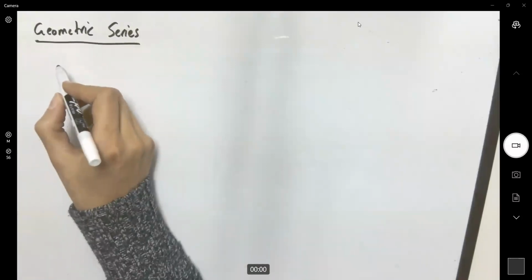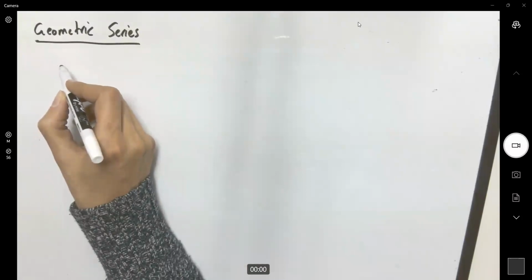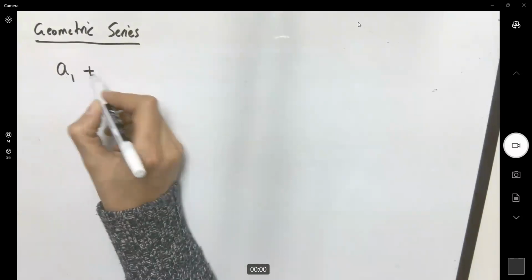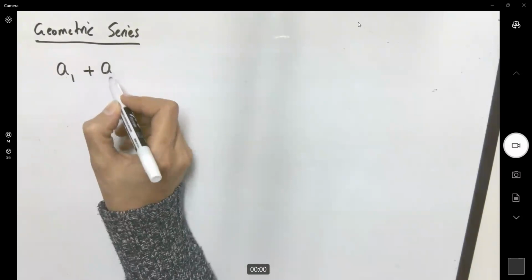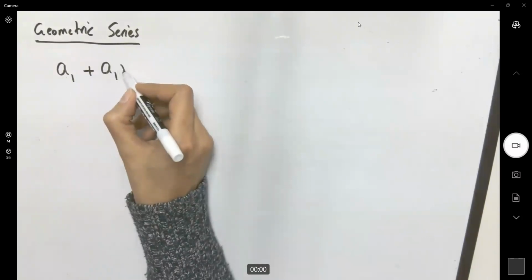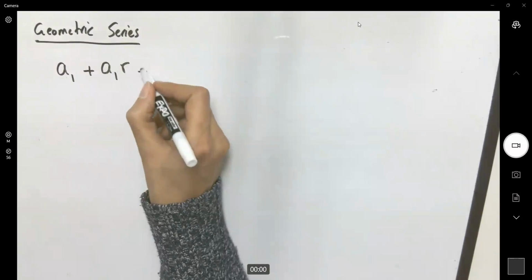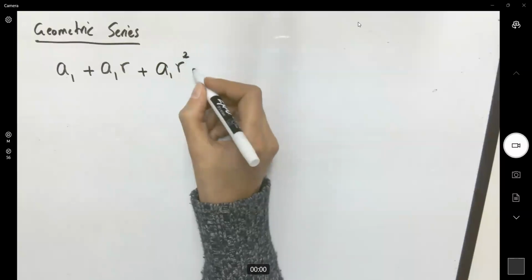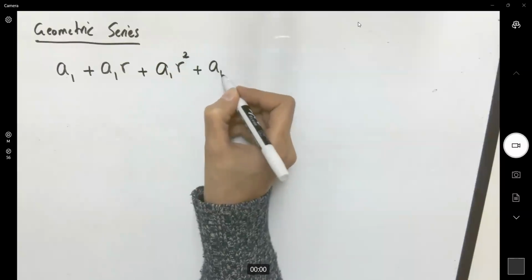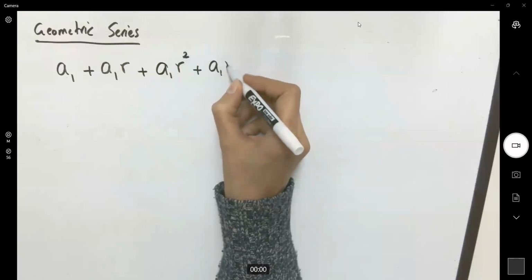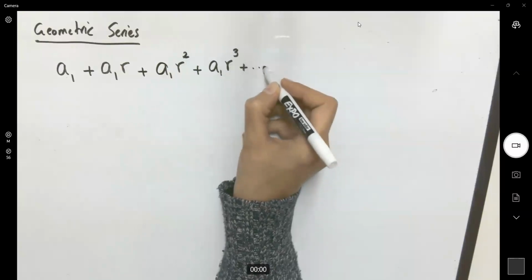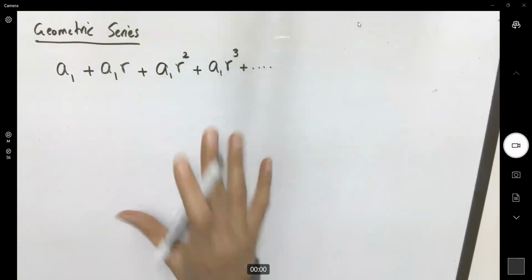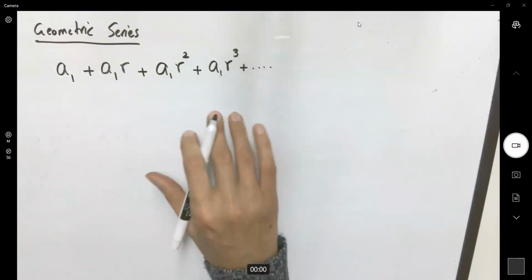We say that, hey, I have the very first term, which is a sub 1, plus the second term, which is a sub 1 times the common ratio, plus a sub 1 times the common ratio squared, plus a sub 1 times the common ratio to the third, plus the rest of the terms. So we are having these terms written here, and we are adding these together.